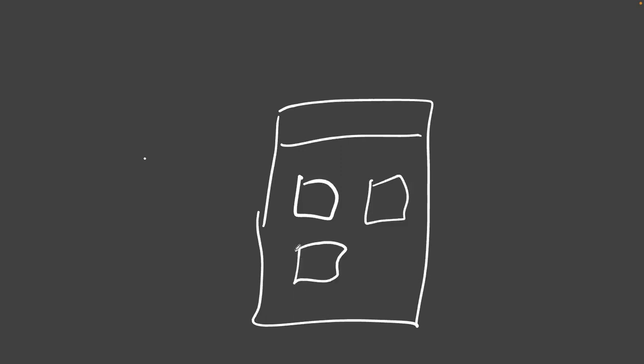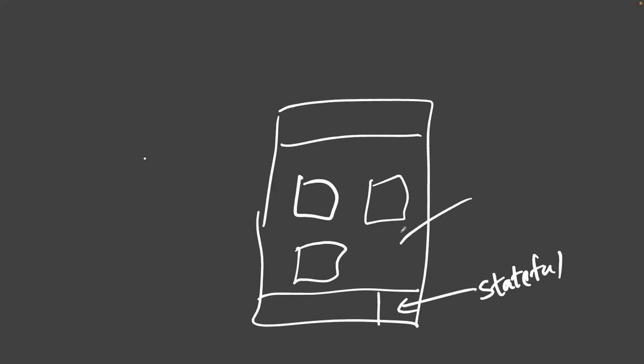Let's see, this is our application. Then we have all these things, action bar and cards and everything. These are stateless. Then we have something here, something to show notifications or something. This part only we are taking as stateful.